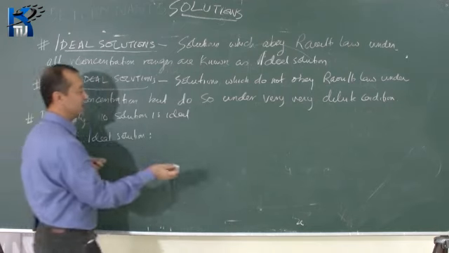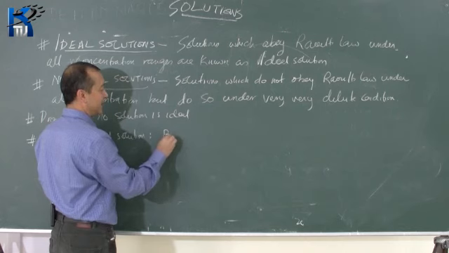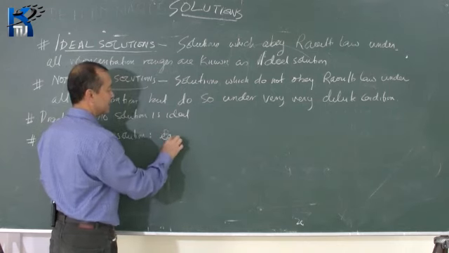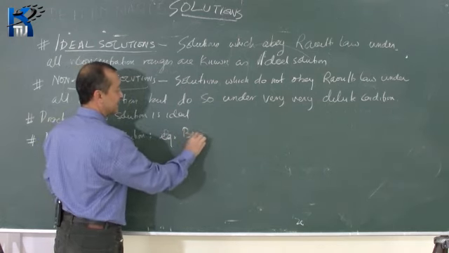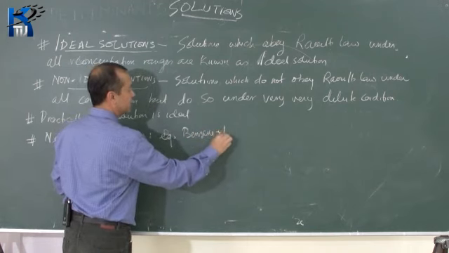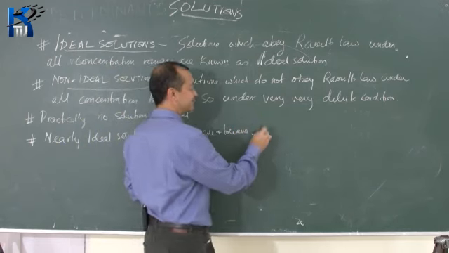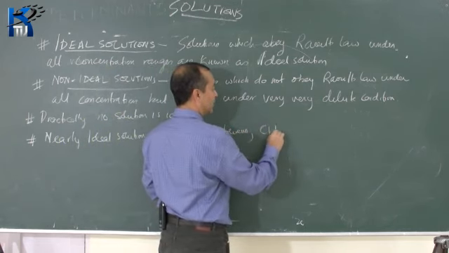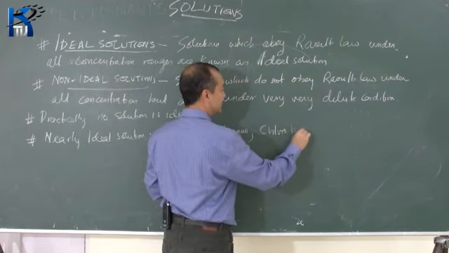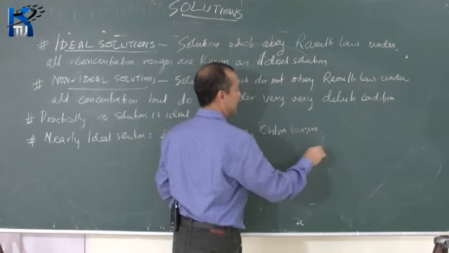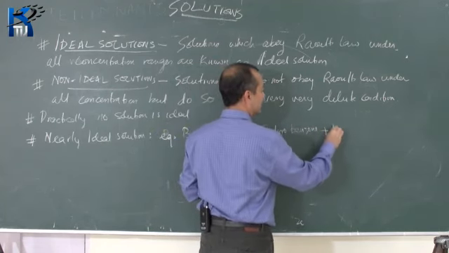Examples of such solutions are benzene plus toluene. Another example is chlorobenzene plus bromobenzene.